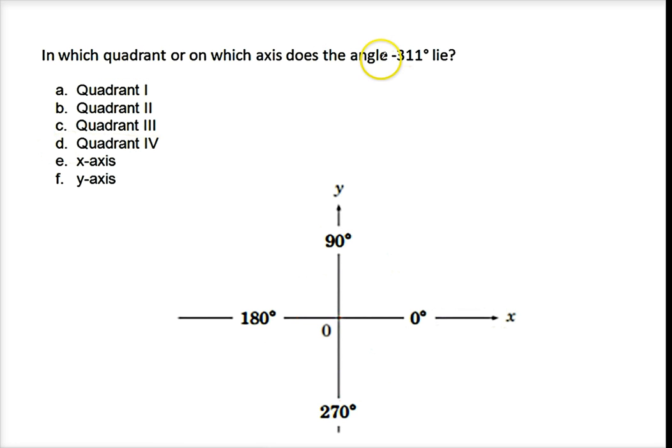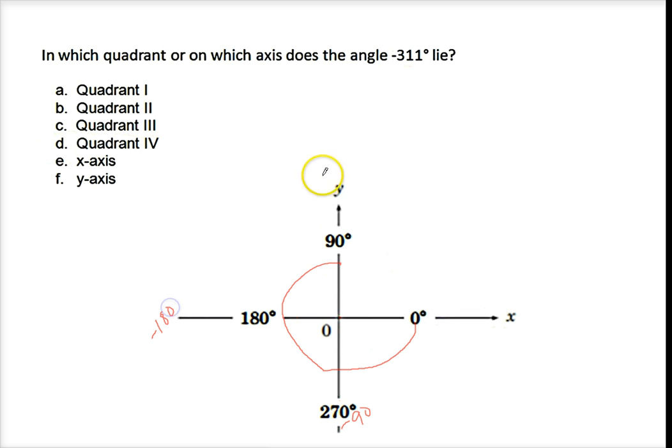What about the angle negative 311? Well, we know we have to go 311 degrees, but this time we're going to go in the negative direction. So we start at 0, and we're going to open down. So we go down, this would be negative 90, negative 180, negative 270. You can even label those if it helps.